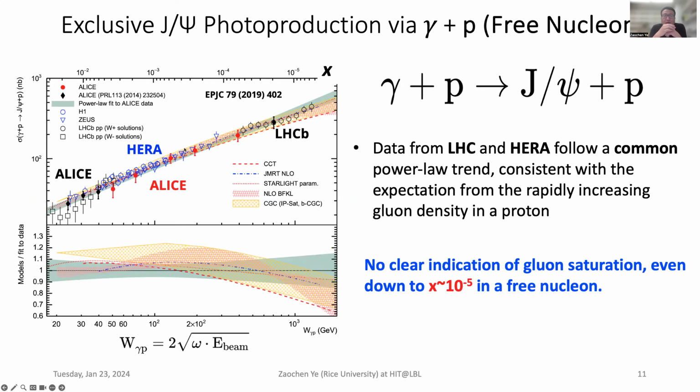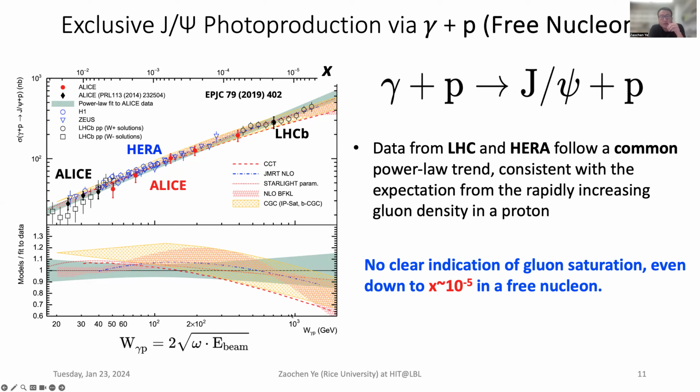The results from the LHC, including ALICE and LHCb, together with HERA data, follow a common power-law trend. And this trend holds from about 20 GeV to almost 1 TeV.